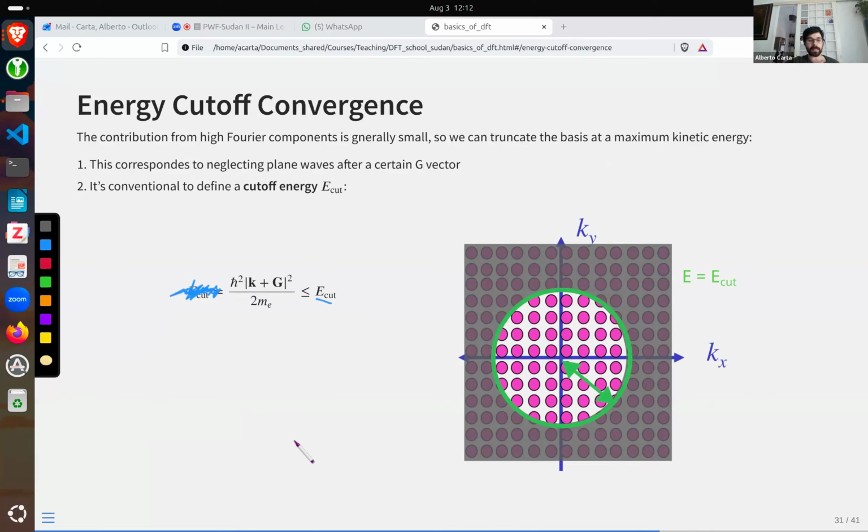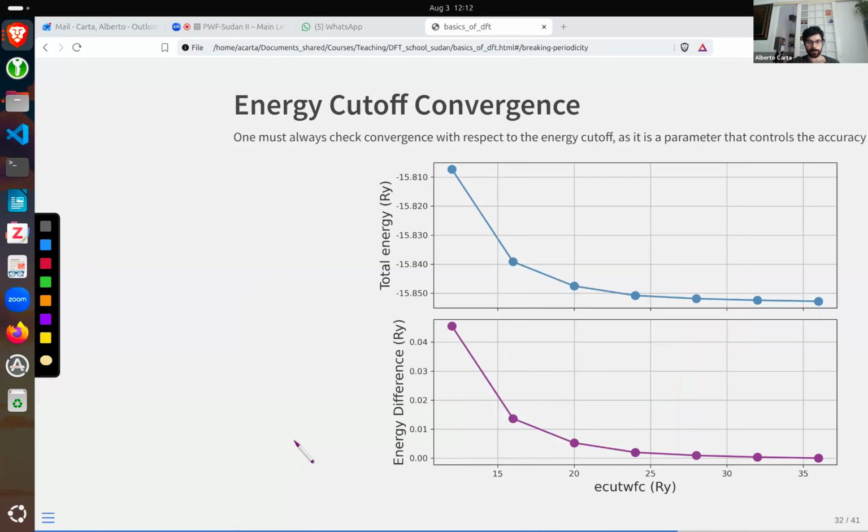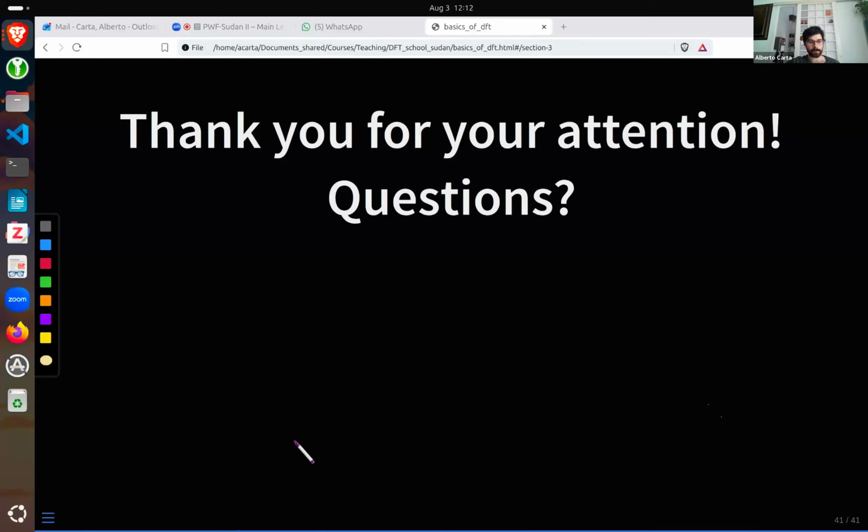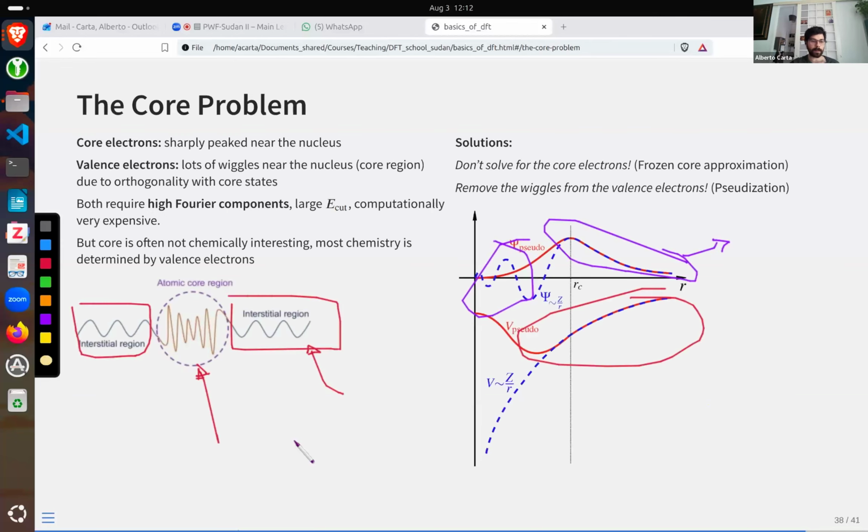So for atoms that have a lot of very localized states, so D atoms, F atoms, these wiggles need a very, very high ECUT. High cutoff.